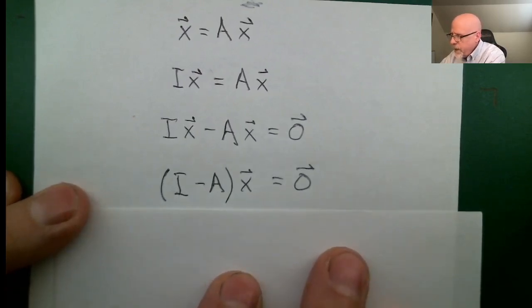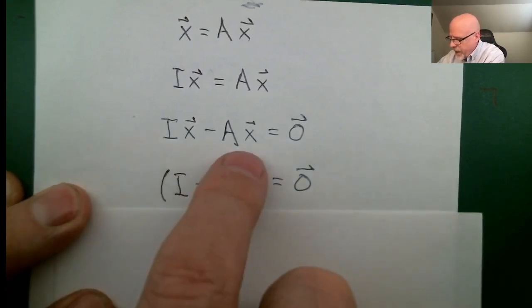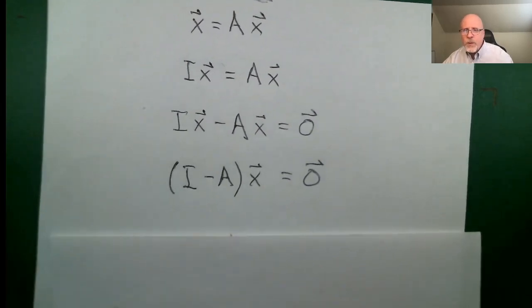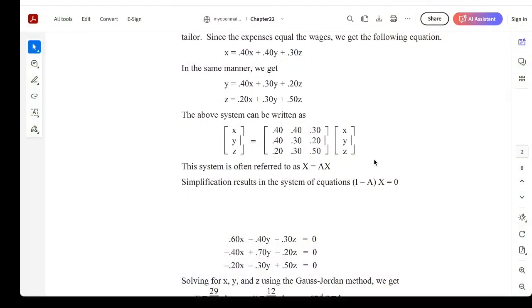So I minus A is one thing, and that times x gives us a 0 vector. All right, so I think we're now ready to see all of this in practice. Actually, let me pop back to the book for 1 second, and then we'll go to GeoGebra.